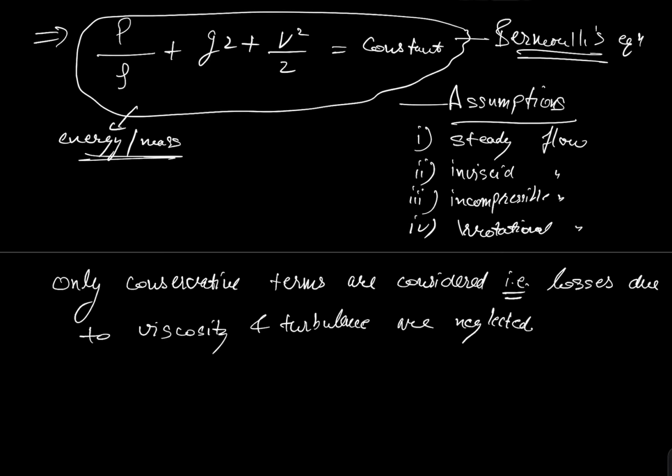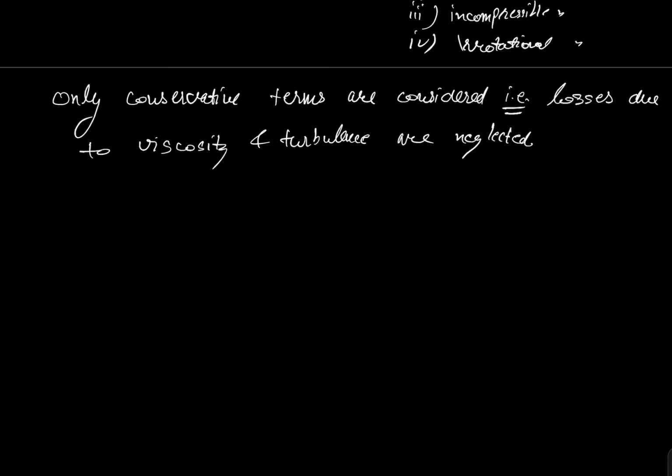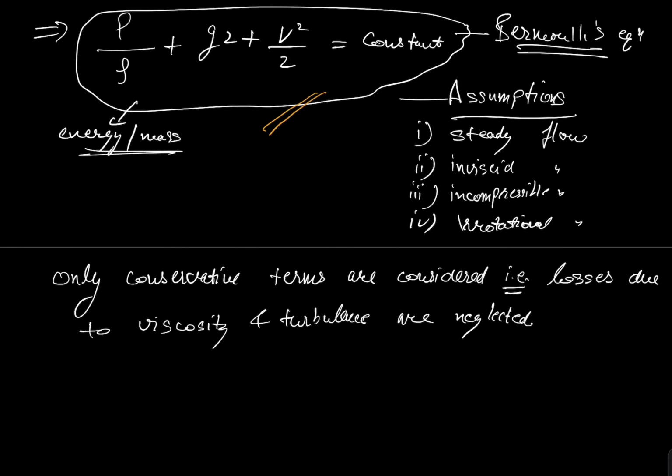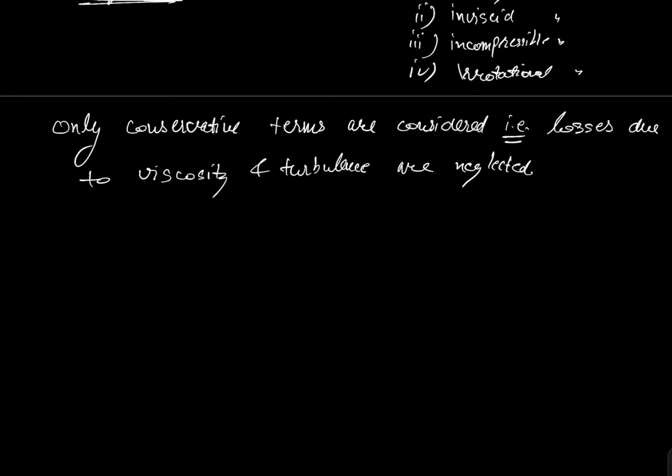Now rather than writing this equation in this way, it is more commonly written like this. If I divide my whole equation by g, the acceleration due to gravity, it comes out to be p by rho g plus v square by 2g plus z is equal to constant.